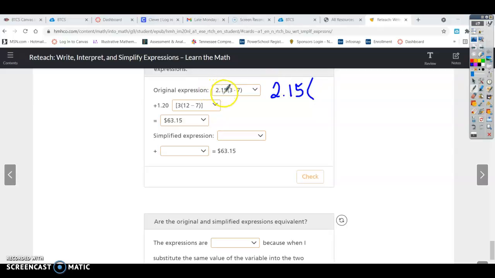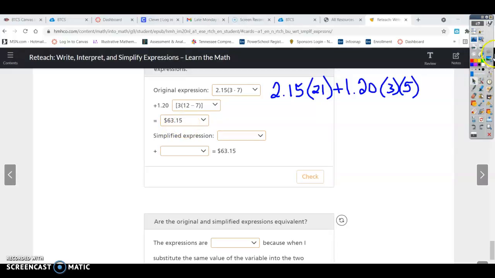All right, so you got 2.15 times, and we've got 3 times 7, which is 21. And then you've got plus 1.20 times 3, and 12 minus 7 is 5. If you multiply this all together, you're going to get 63.15.